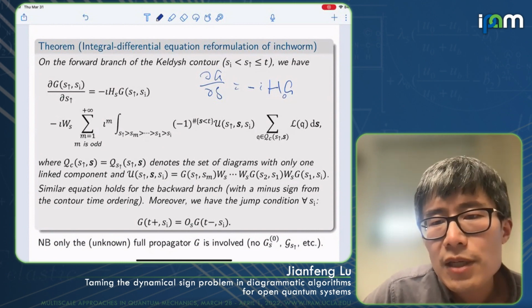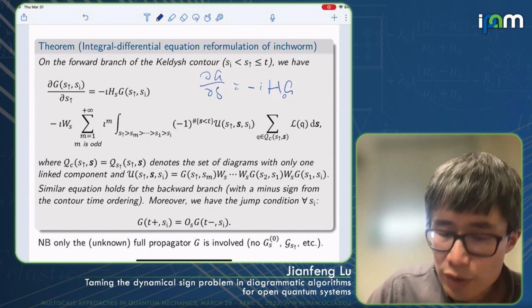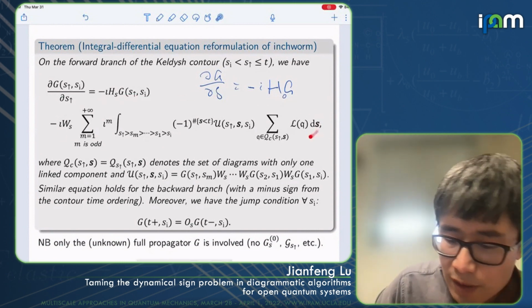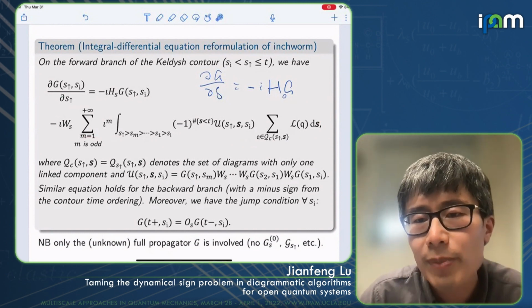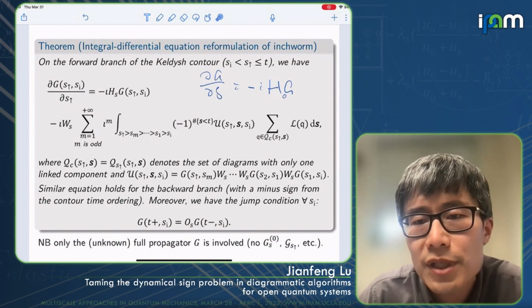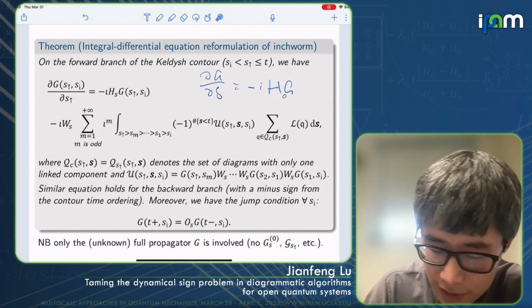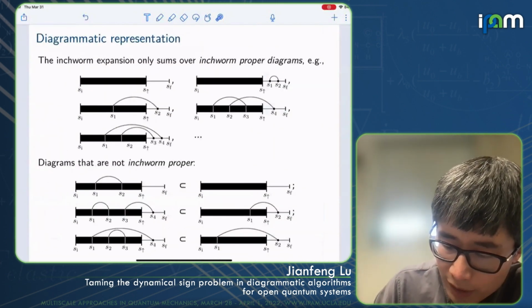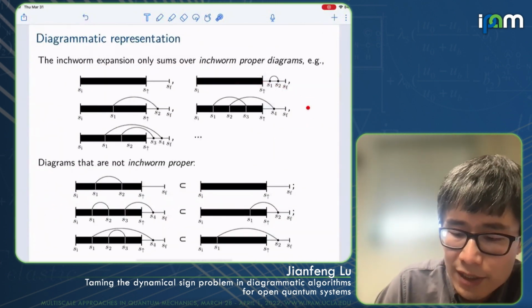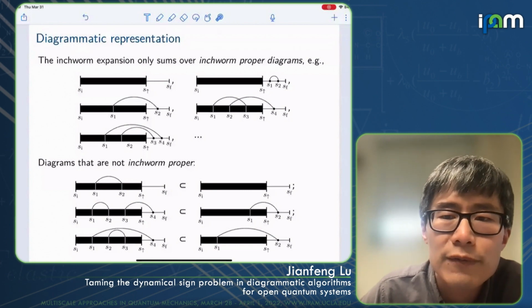But now, because of the bath influence, you need to introduce integral terms that are history dependent, which capture the inchworm proper diagrams interacting with the previous history, capturing the influence of the path.